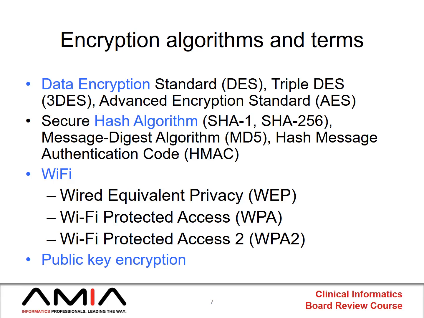Public key encryption is an interesting concept that shows up embedded in a variety of applications. It's a very simple concept, really. And here is the problem that it solves.